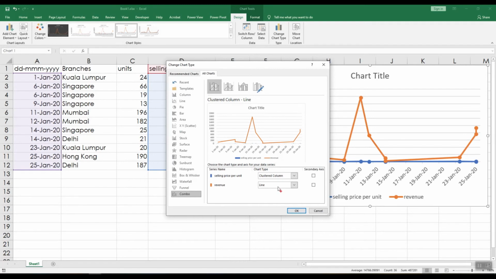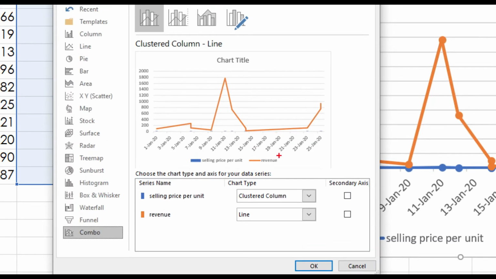Under combo chart, there are a couple of options here. The function allows us to change the type of graph and also to re-specify the data which the axis belong to.